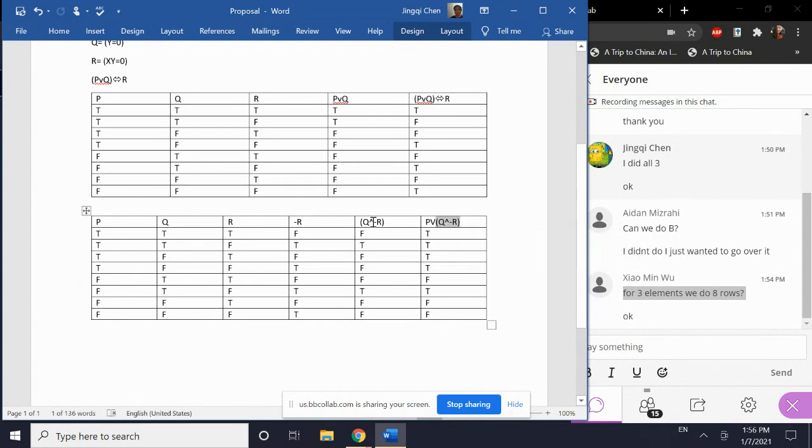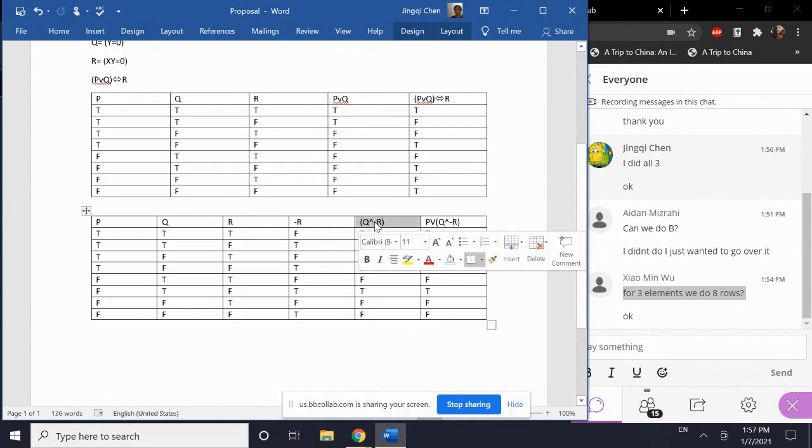So Q and R, you would find what Q and not R is. So you would use this one and this one to find this column. And after you found this column, you can do P or this.